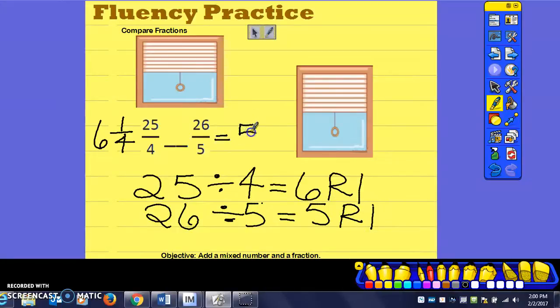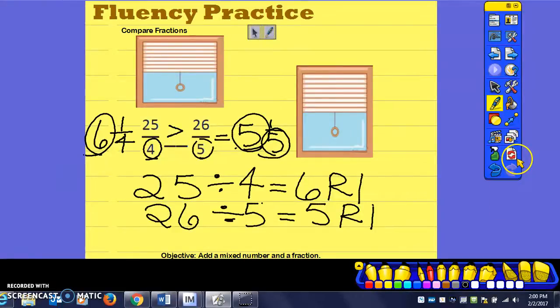So that would give me 5 and 1/5. Remember, my denominators never change when I'm converting them. But what's larger if we look at our whole numbers? 6 wholes or 5 wholes? Good. 6 wholes is greater, so 25/4 is greater than 26/5.